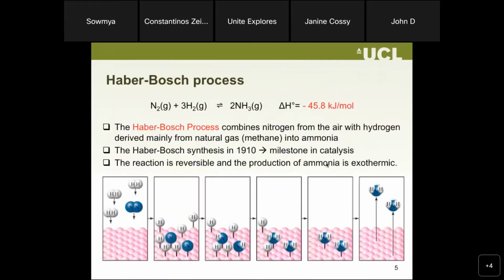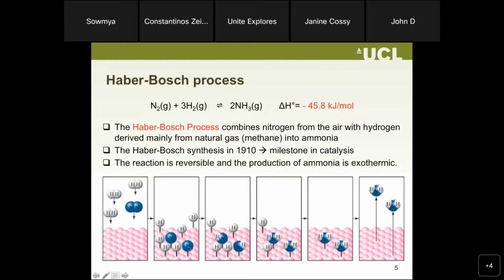The Haber-Bosch process was studied very much by Ertl and his co-workers, and they found that this is a Langmuir-Hinshelwood mechanism in which you have the adsorption of nitrogen and the adsorption of hydrogen onto the surface. The hydrogen dissociates, forming atomic hydrogen.